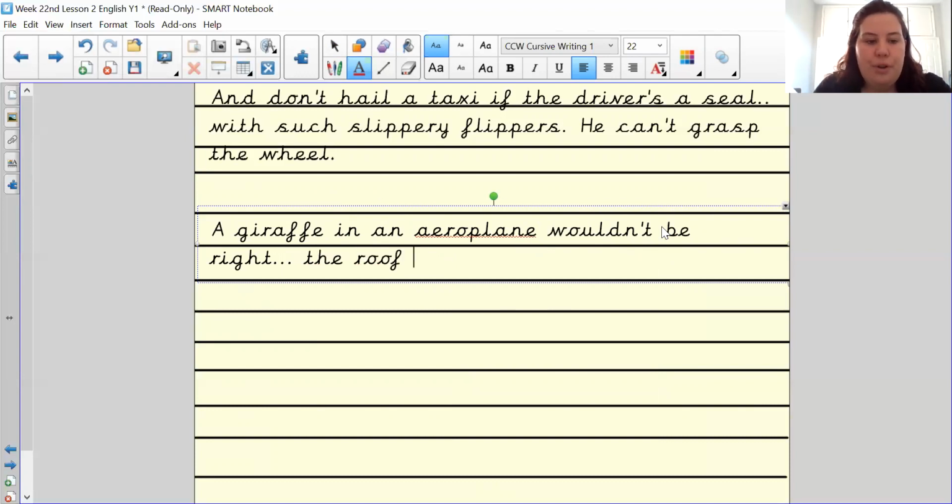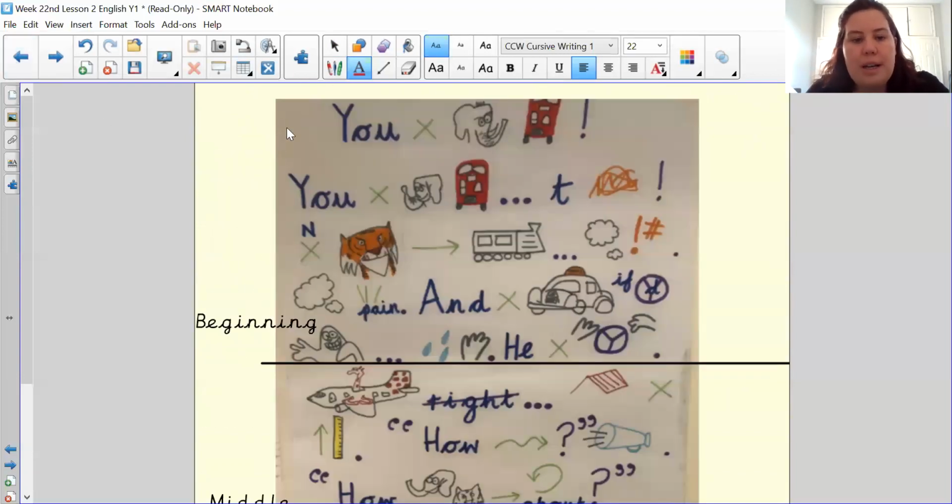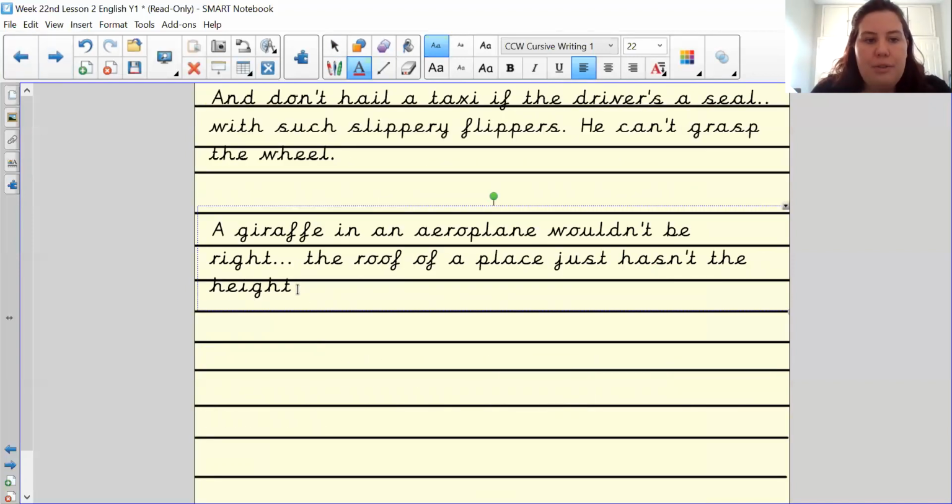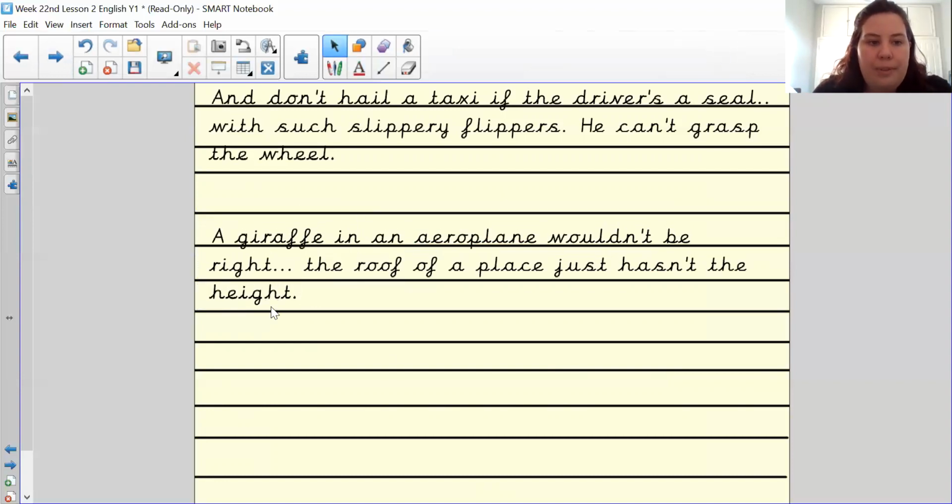The roof of a plane just hasn't the height. And again, the word which we have focused on before, and then we're going to go and have a look if it was a full stop or an exclamation mark. So you're going to look at your text map and you can see that it's a full stop this time. Okay, so you'll add your full stop at the end. Okay, well done. Fantastic. So that is our first sentence.